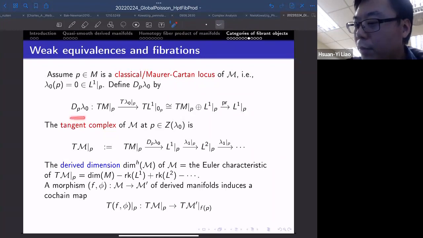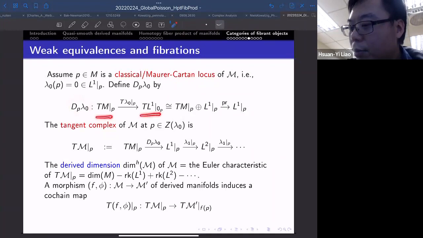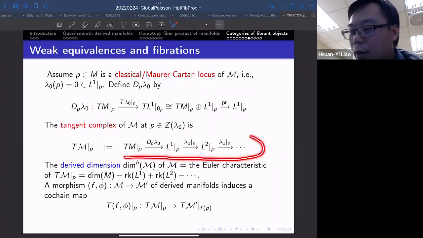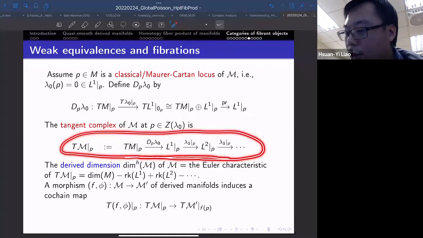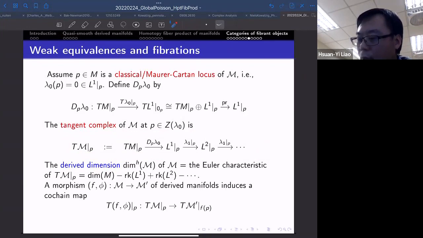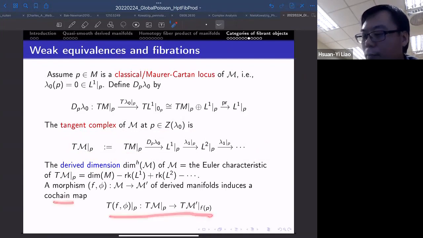So we still have this differential of curvature, and it is from TM to L1, and then we can continue L1 to L2 by the lambda 1, the first bracket, and then the whole thing becomes a cochain complex, and this is the tangent complex. And as before, the derived dimension is the Euler characteristic of this tangent complex, and the morphism induces a cochain map between tangent complexes. So we have a tangent map.